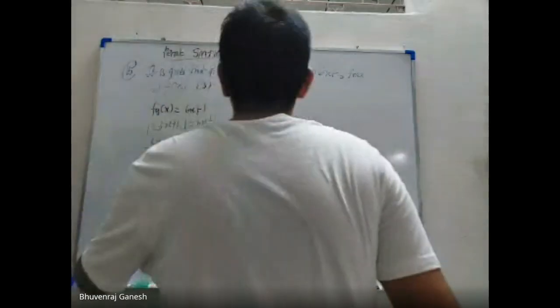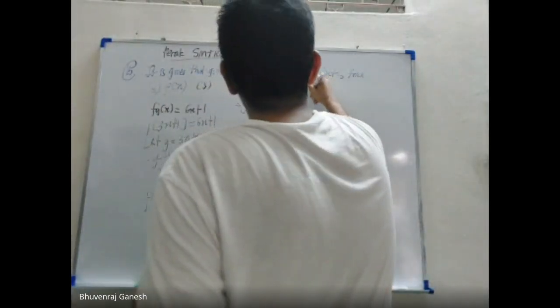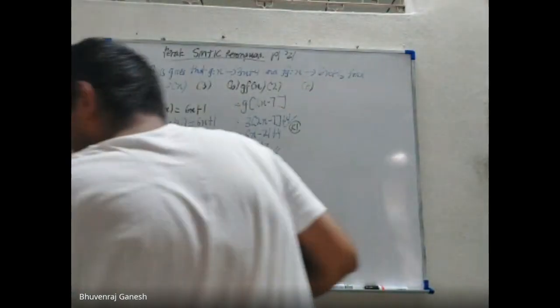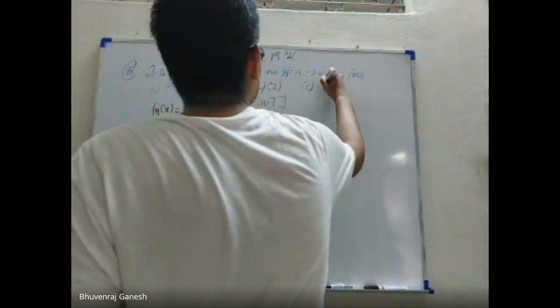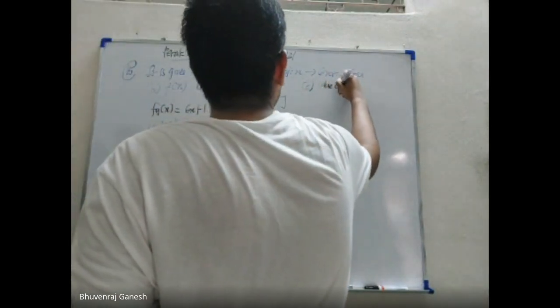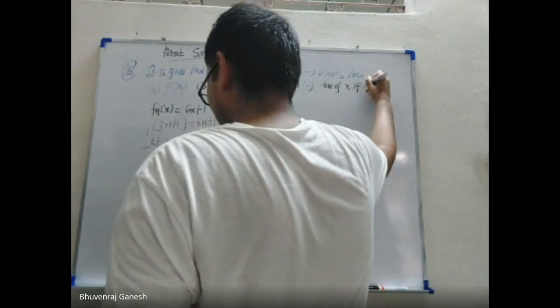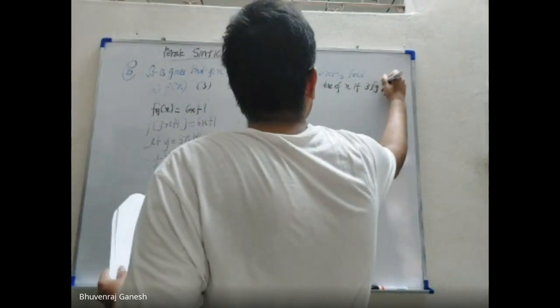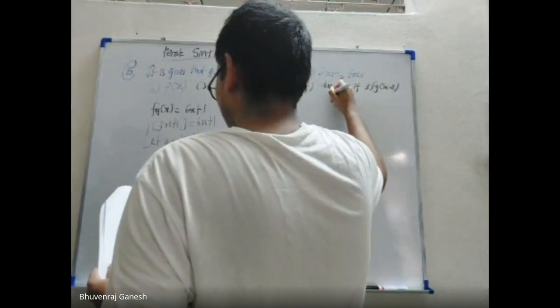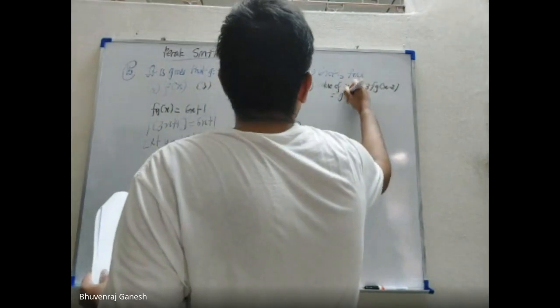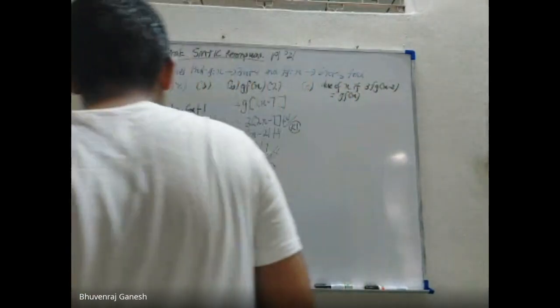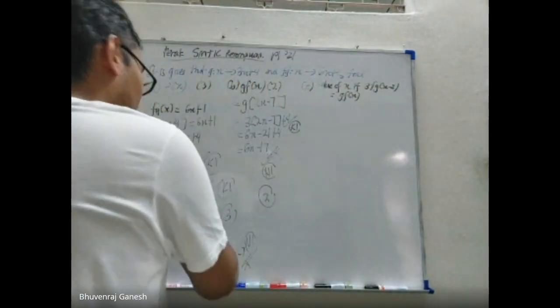And C part, they gave a condition. Value of x is 3fg(x minus 2) is equal to gf(x). It looks complex, but you just need to show substitution method again.